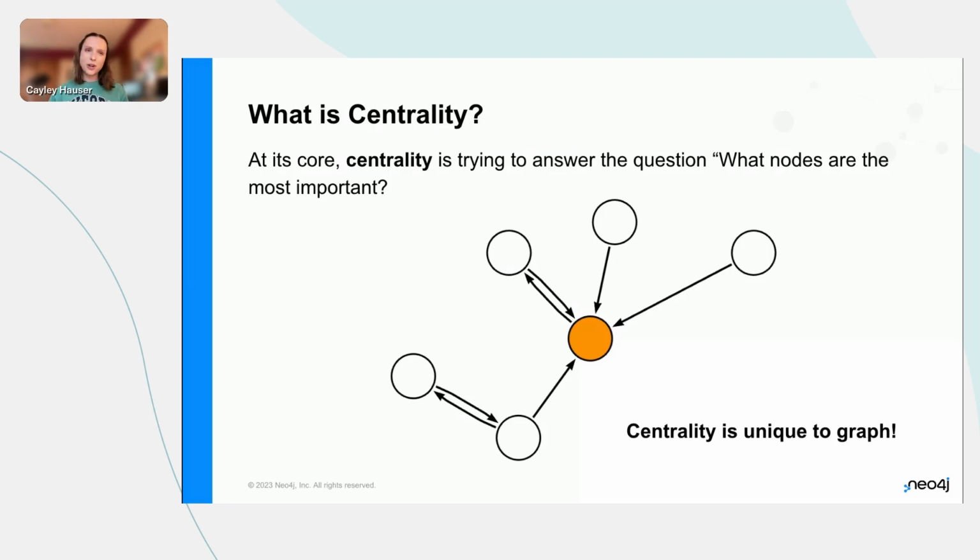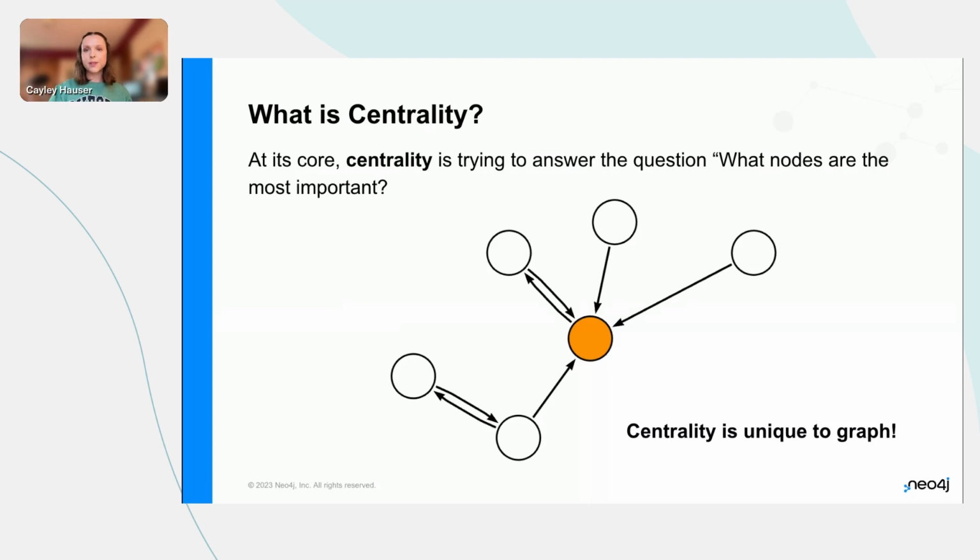There are many kinds of graph data science algorithms out there, far more than we're going to cover today. And many of them investigate things like clustering, prediction, neural networks, and others. But centrality is really a graphical use case because it's trying to answer what is the most important part of my graph.